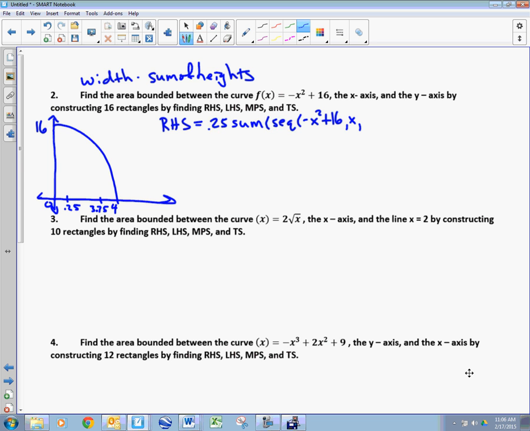So look at this rectangle right here. My first interval is from 0 to 0.25. If you're doing the right-hand sum, are you going to evaluate the height at 0 or at 0.25? So you enter 0.25 as your beginning spot. What's the last spot? My last interval is from 3.75 to 4, and the right side of that interval would be 4. And what's the width of each rectangle? 0.25.